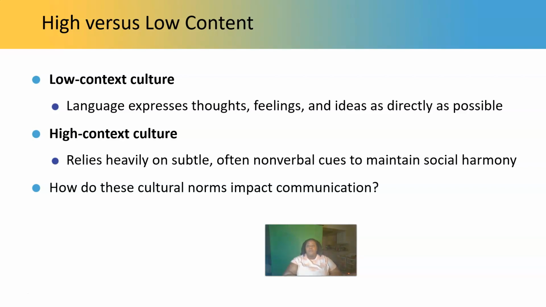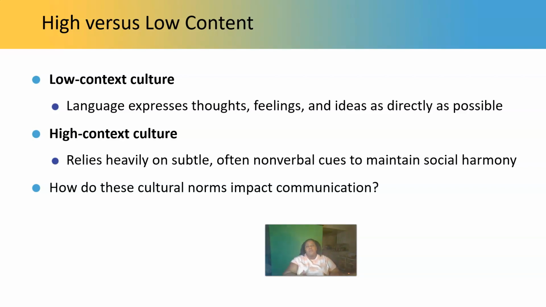So now that we know what low context cultures are, let's talk about high context cultures. Now, not to say that in high context cultures there isn't any verbal dialogue going on, but what you will have to do is dive a little bit deeper.